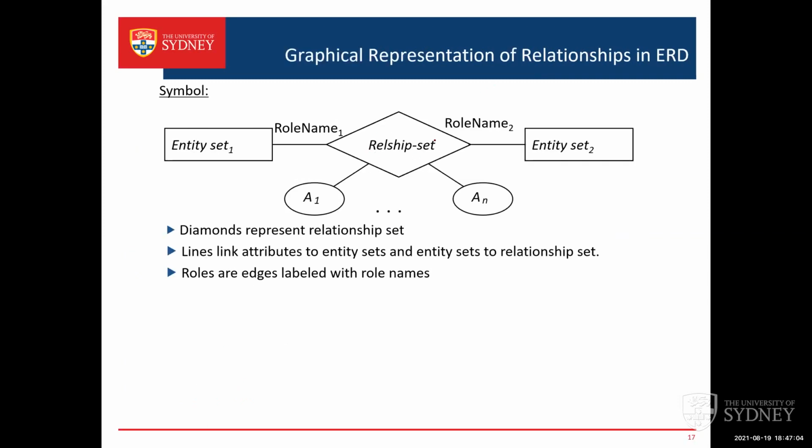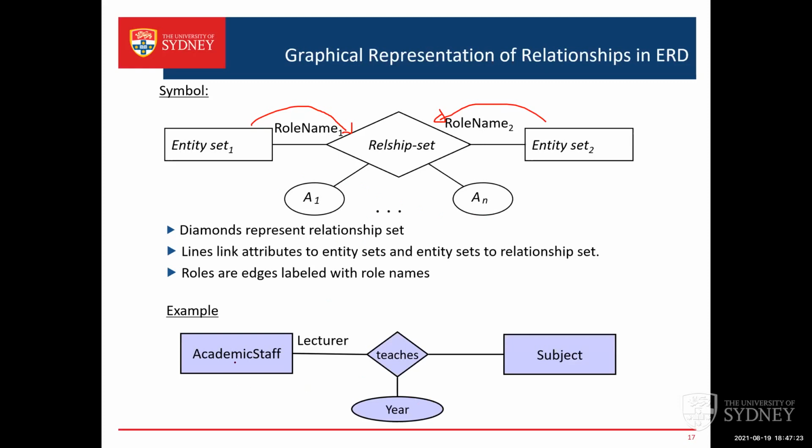The relationship set, or the relationship that we are going to create, can have its own attributes as well. First, the primary keys will always be there. Also, this one can have its own attribute. Think about this one: academic staff teaches the subject. In which year?